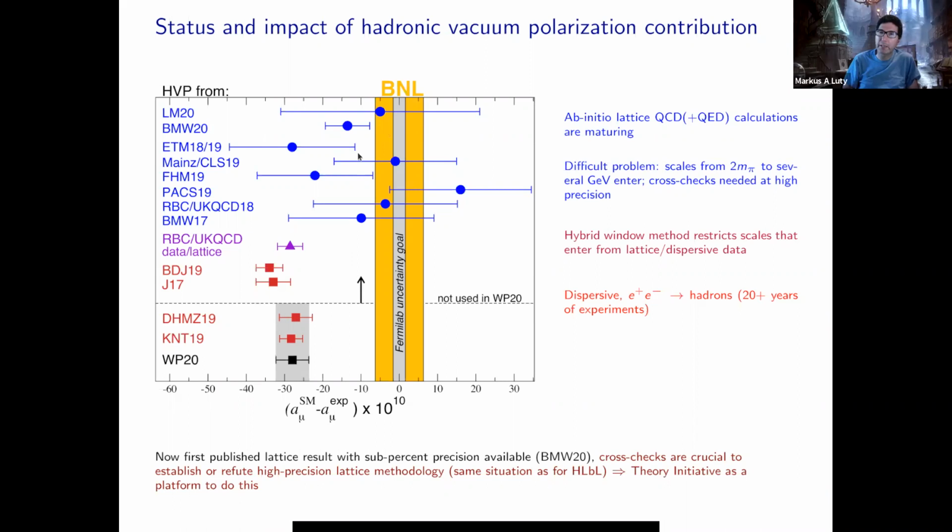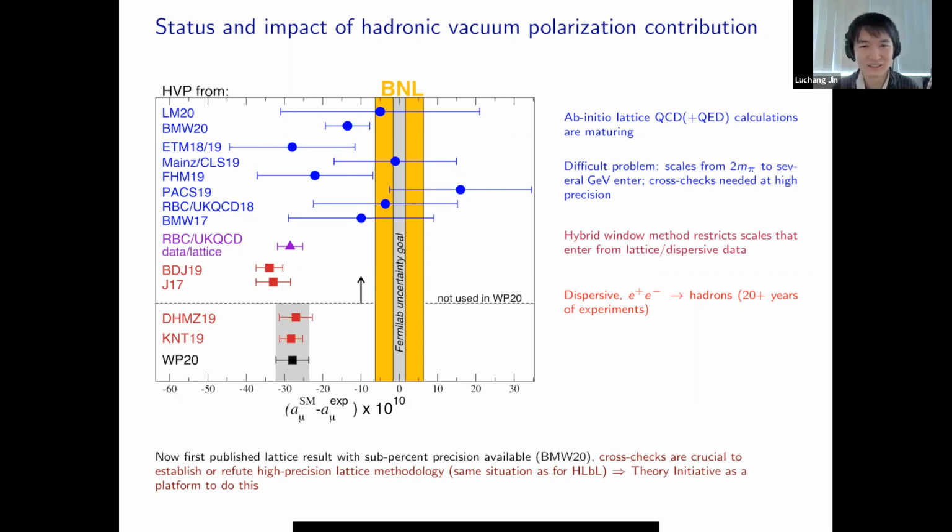Could I ask, you described this window function thing, so you are actually using some experimental data in your result as well? Yeah, this value. If you tried to give a pure value, did you give a value? That's what I give here. So you have a much larger error.